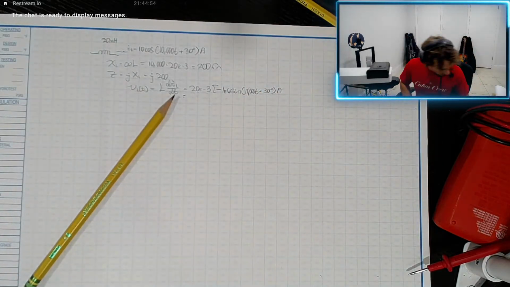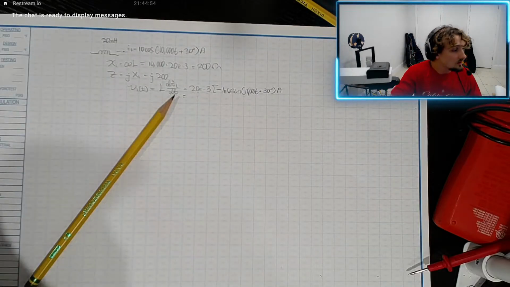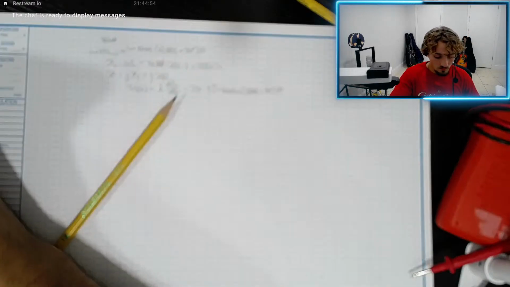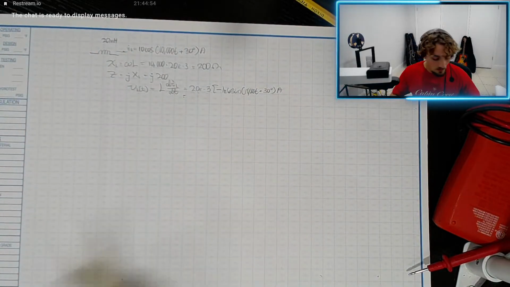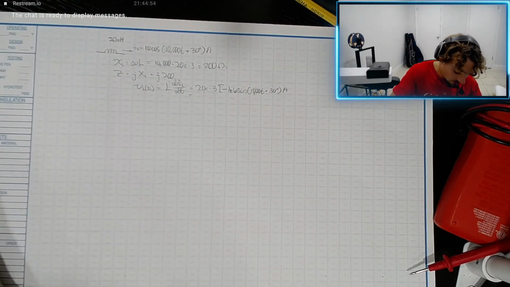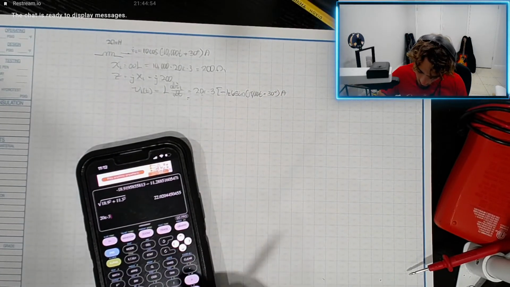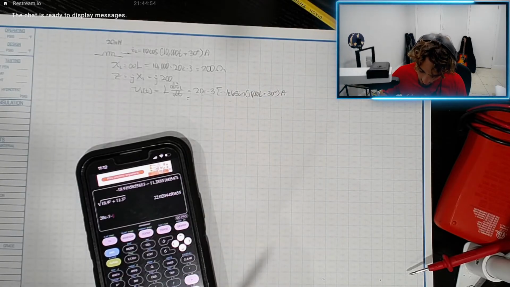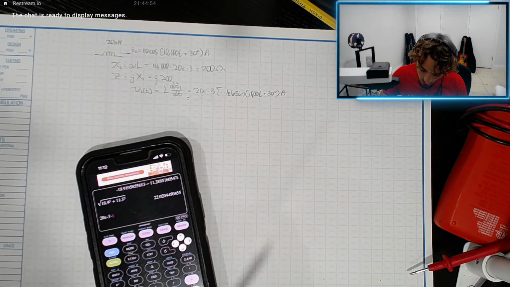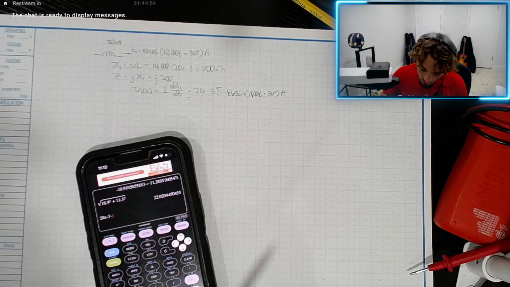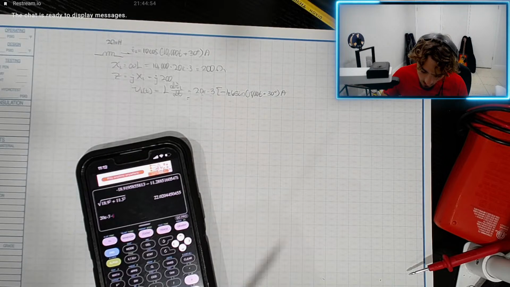Let me double check. No, I don't have my calculator. That's awful. I guess I got my phone calculator. But we figured it out. Let me see. 20e to the negative 3 multiplied by negative 1, 1e6, 10,000 multiplied by 10, 1e6.